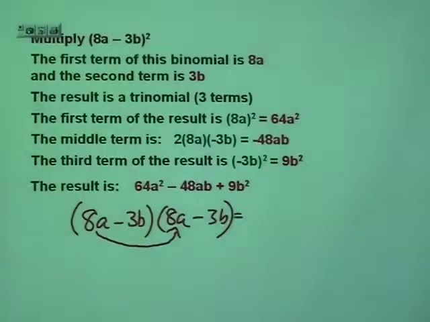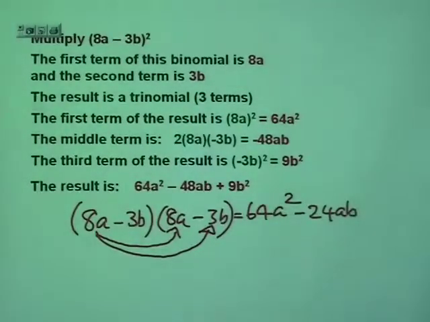What is 8a multiplied by 8a? Is 64a squared. Now multiply 8a with negative 3b. Don't forget the sign. 8a times negative 3b is negative 24ab. And now we finished multiplying with this 8a.